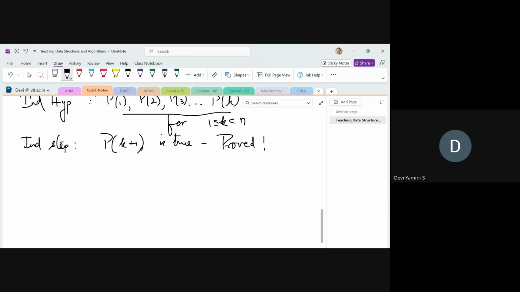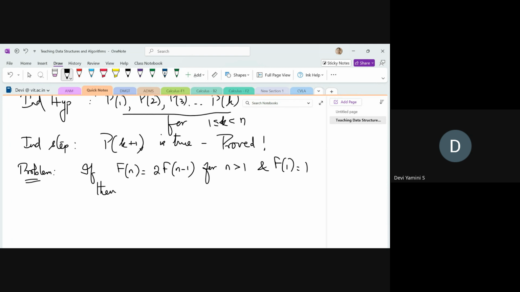So the problem is: if f of n is equal to twice of f of n minus 1 for n greater than 1 and f of 1 is equal to 1, then you have to prove that f of n is equal.